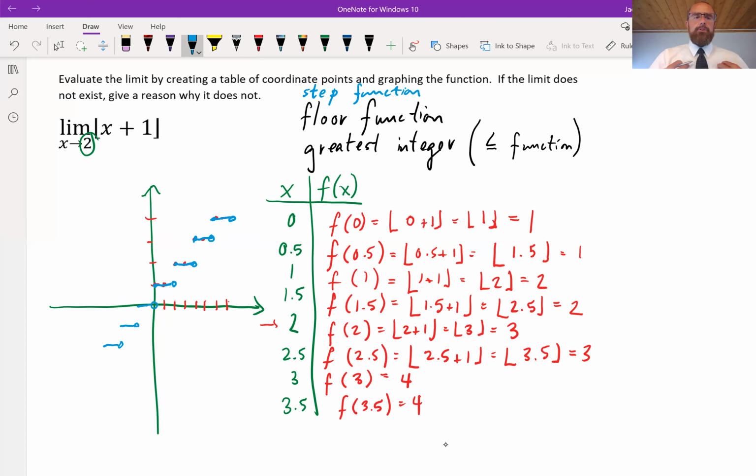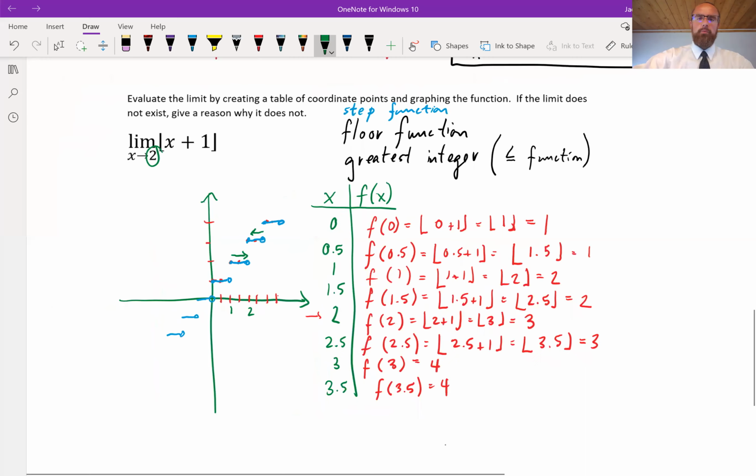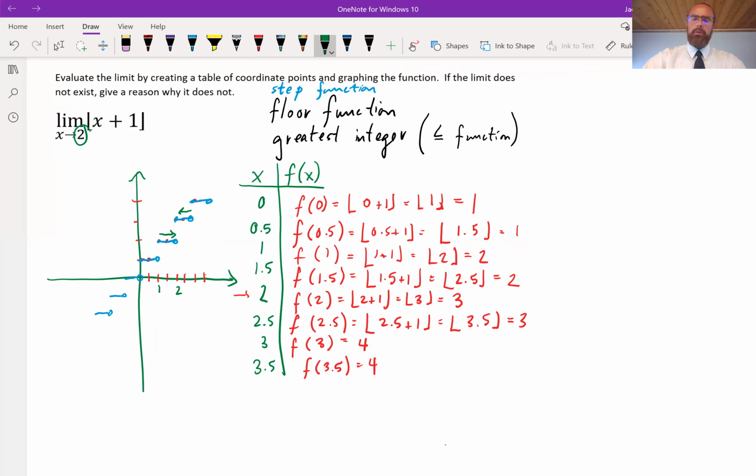Now, what we need to determine, what's the limit as x gets closer and closer to 2? So I'm going to find 2. Remember, we went by halves here. So 2 is here. So we're looking from the left and from the right. And let's confirm what we're going to say here with our limit evaluation with that condensed table. So we kind of see what the function looks like, and you can at this point make a hypothesis. Does that limit exist?